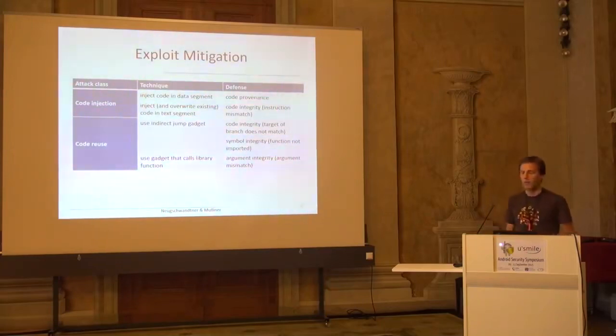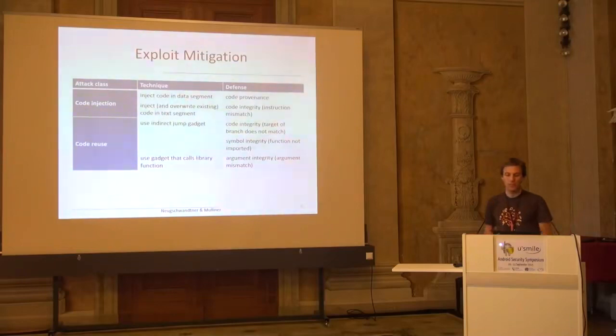For code reuse attacks, it's getting a little bit more complicated. If an indirect jump gadget is being used, then we will see that the target of the branch does not match. Or another way would be that symbol integrity fires, so that, for example, system has not been imported.